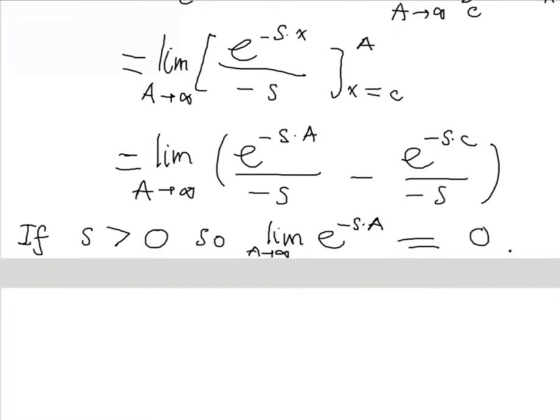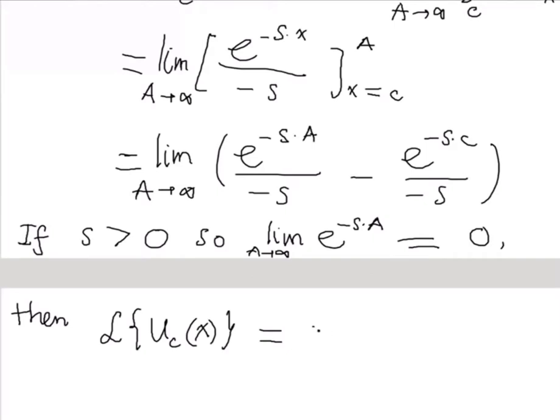And then we see that the Laplace transform of u_c(x) is: the first term is 0, and for the second term the minus becomes plus, and on top we have e to the minus s times c.